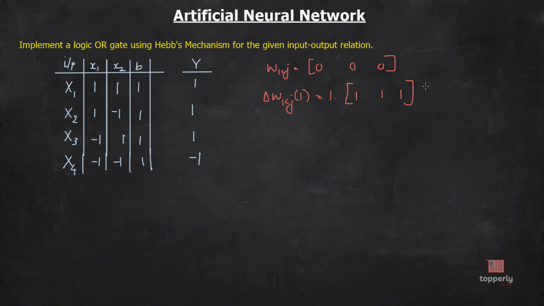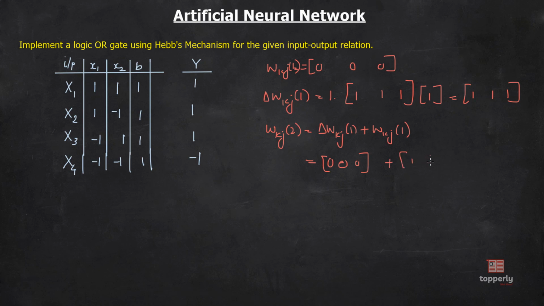Okay, and the output is 1, which can be written as 1 1 1, and we can write wkj of 2 as delta wkj of 1 plus wkj of 1, right? Therefore 0 0 0 plus 1 1 1, which is nothing but 1 1 1.